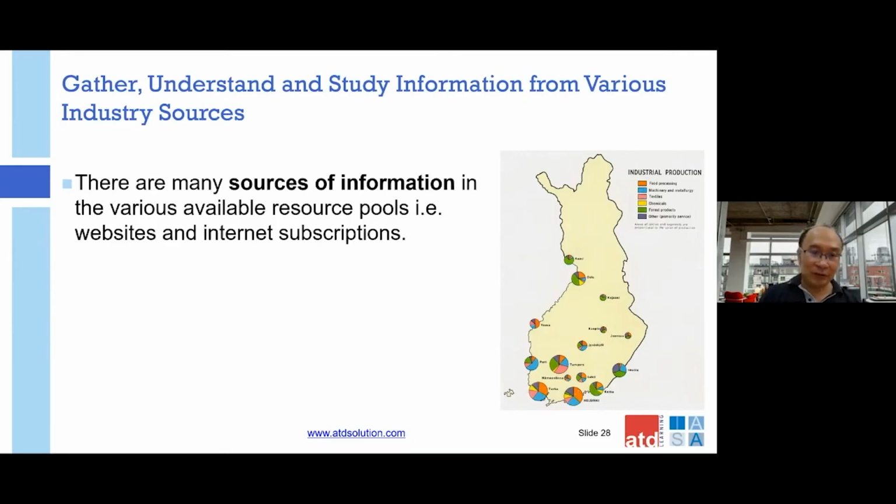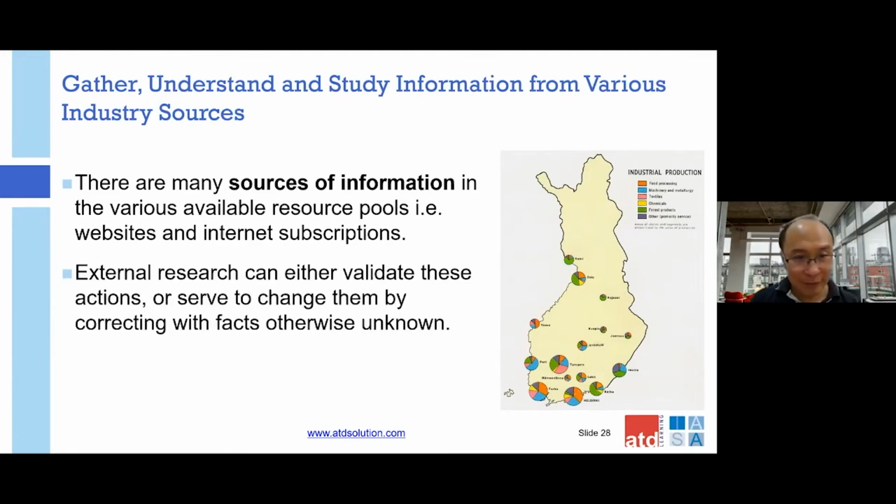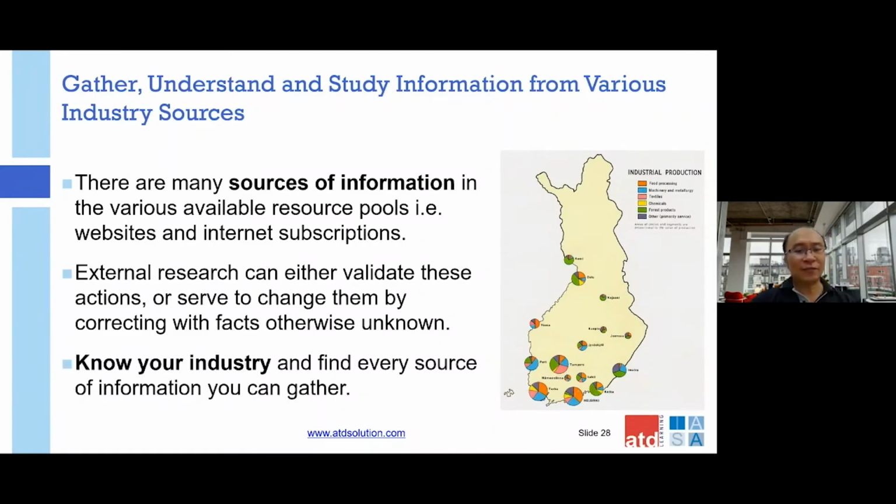Of course, I mentioned earlier that you can get it from the website or internet subscription. Then after that, you need to do validation and understand what are the findings that you did not know before. Then from there, you need to master and understand your industry vertical and put yourself into the map.